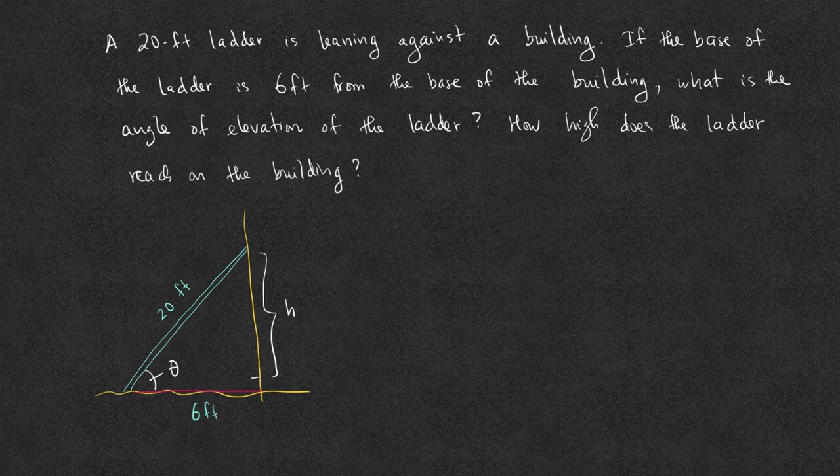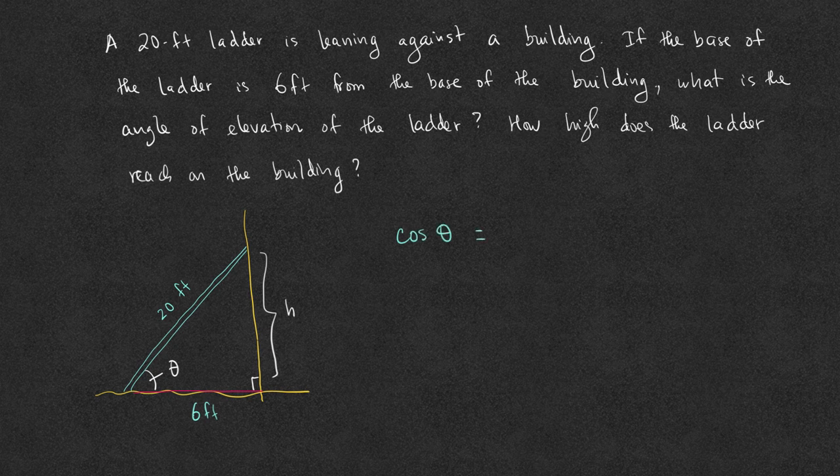This is a right triangle. Using the trigonometry of a right triangle, we have the angle theta along with the adjacent side and the hypotenuse. Because the adjacent and the hypotenuse information are known in the problem, we would use cosine.